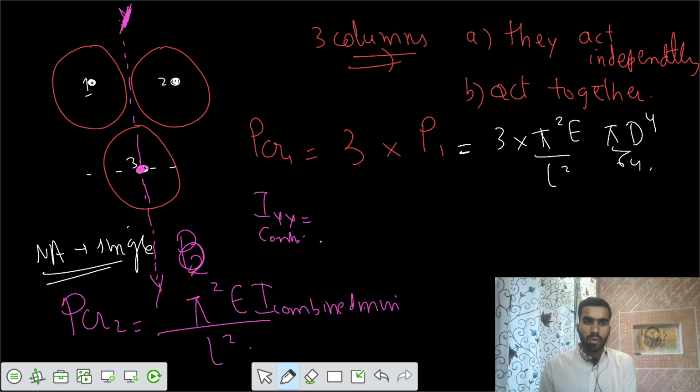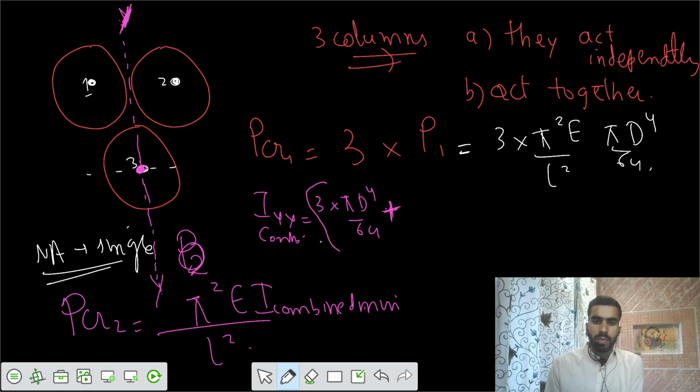So you have 3 times pi d power 4 by 64 about their own centroidal axis, plus you have to use the parallel axis theorem, a d square, because for this and this your d is the same, that is d dash equals some diameter by 2.